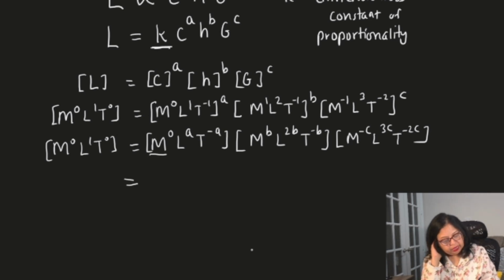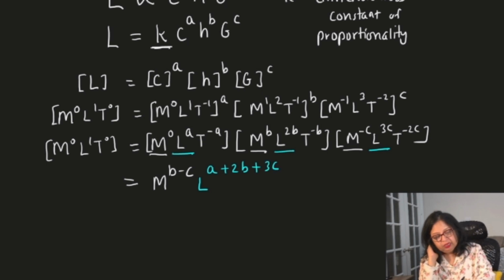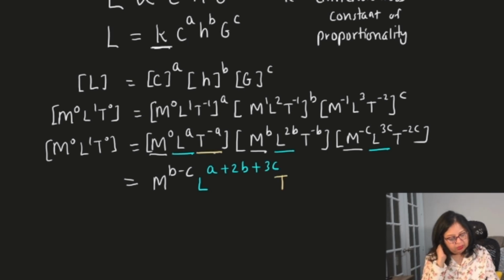On the right hand side, M0 times M^b times M to the power minus c gives you M to the power b minus c. Then I have L to the power a times L to the power 2b times L to the power 3c gives you L to the power a plus 2b plus 3c. Lastly, I have T to the power minus a times T to the power minus b times T to the power minus 2c.